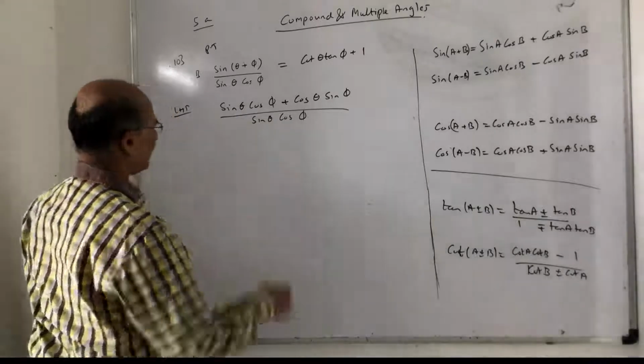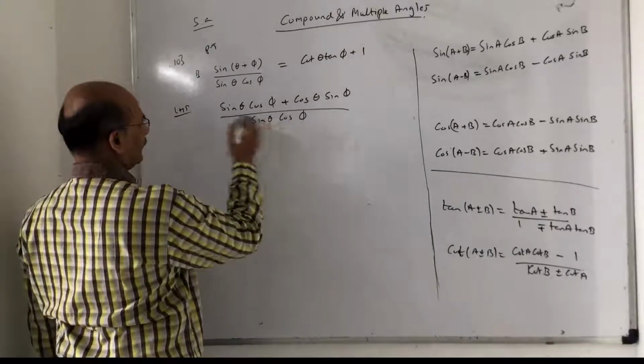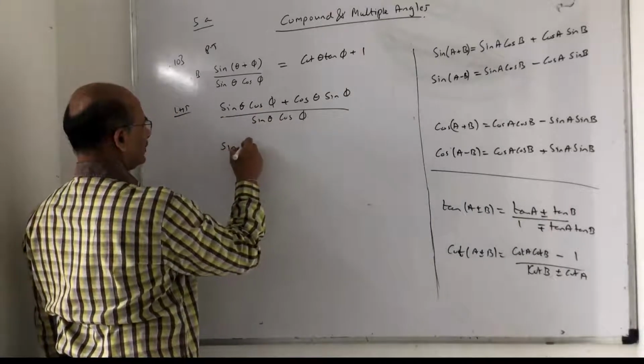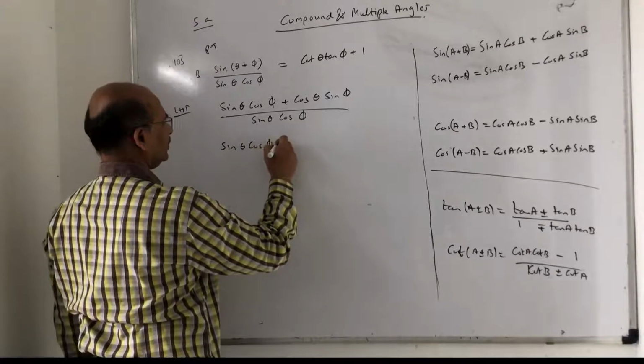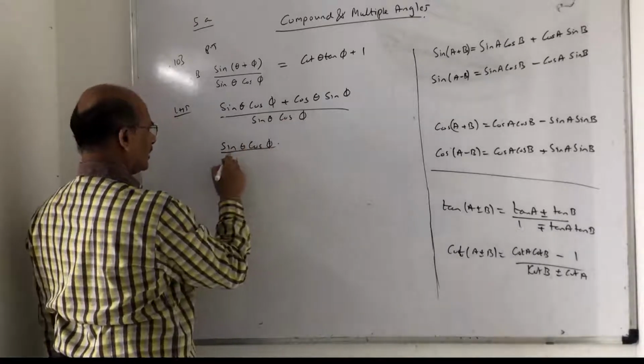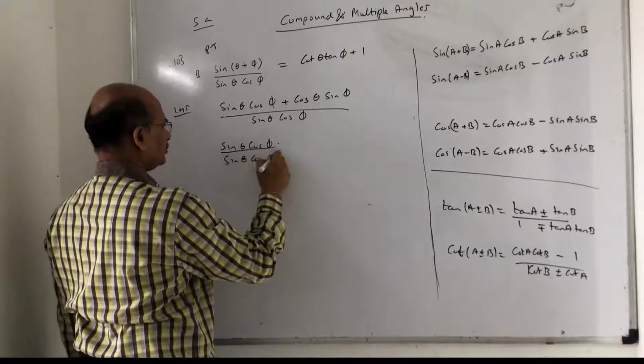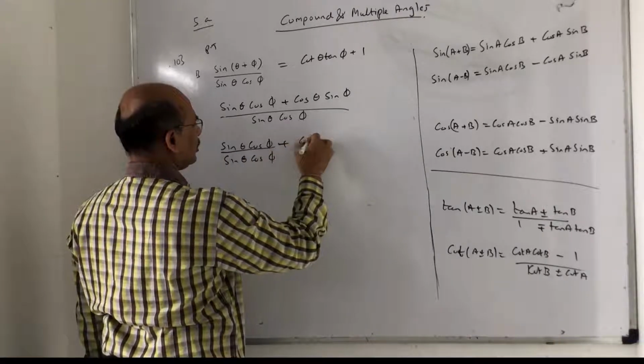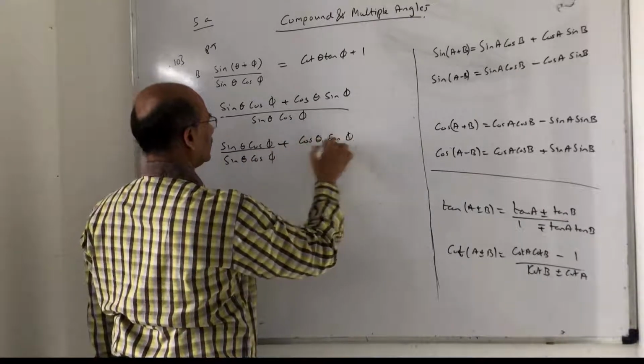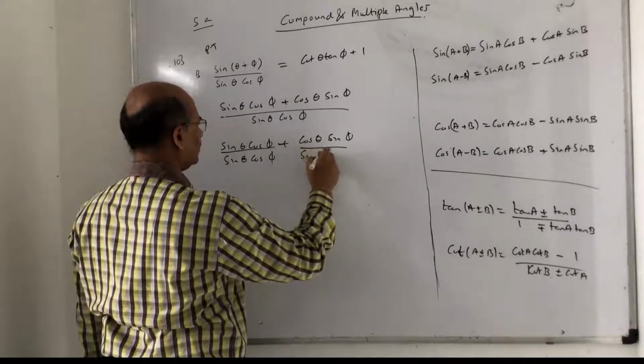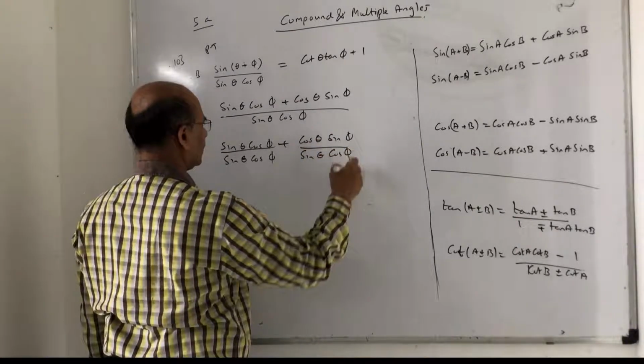Right? I think let us do that. Let us see what happens. So if I divide both of them, this will become sin theta cos psi upon sin theta cos psi plus cos theta sin psi upon sin theta cos psi.